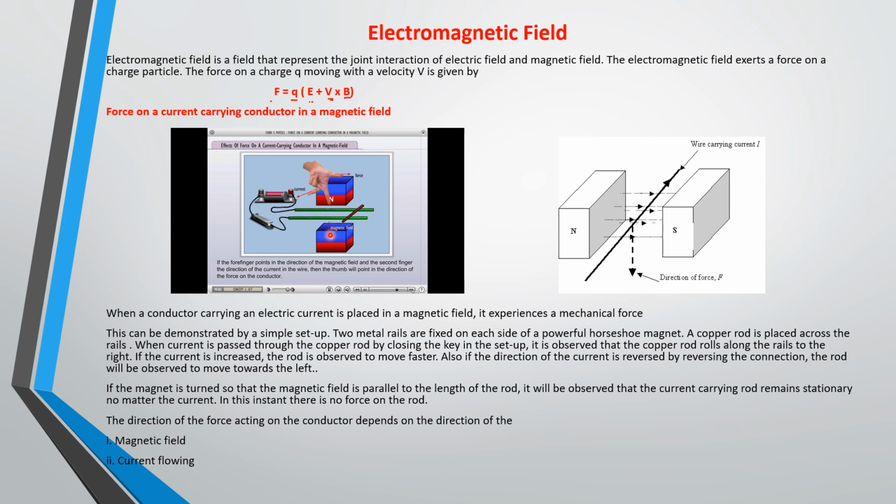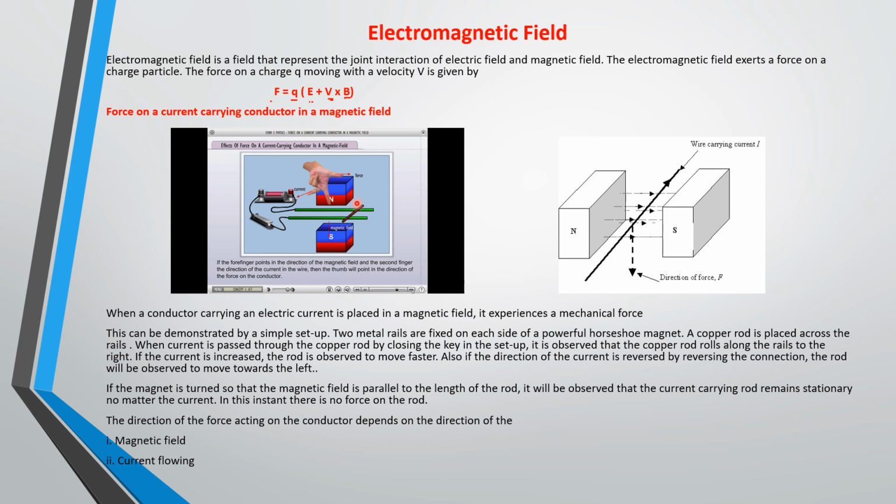I don't have the picture for a U-shaped magnet, but this picture can suffice because these are two magnets. These are two rails, and then this is a current carrying conductor. It's a copper current carrying conductor.